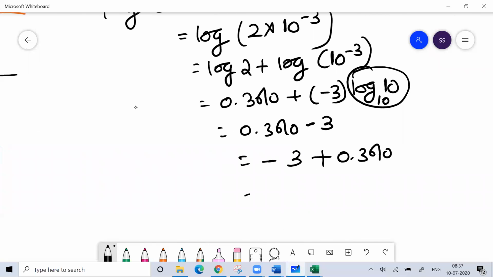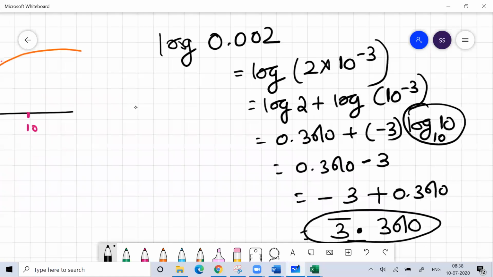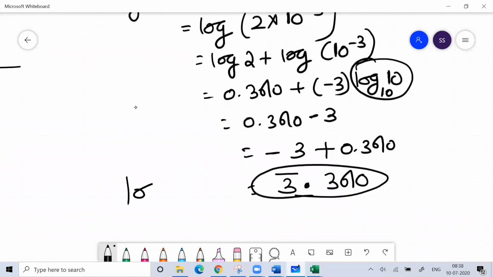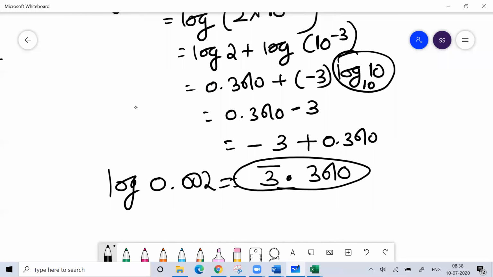You can write this as bar notation, and we write it like this. So basically, if I ask you the value of log of 0.002, you got this answer.